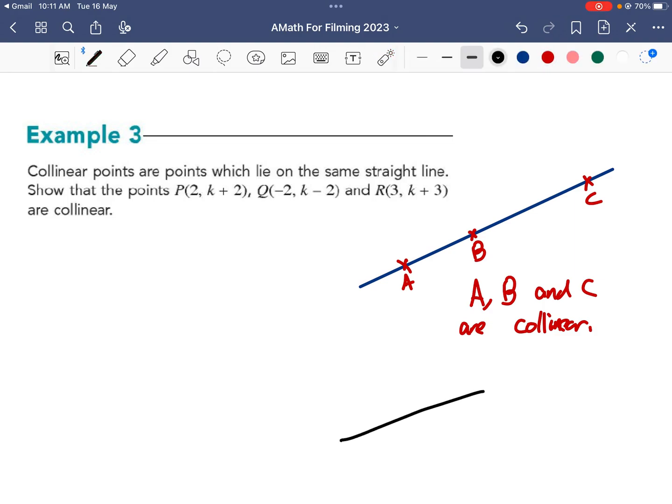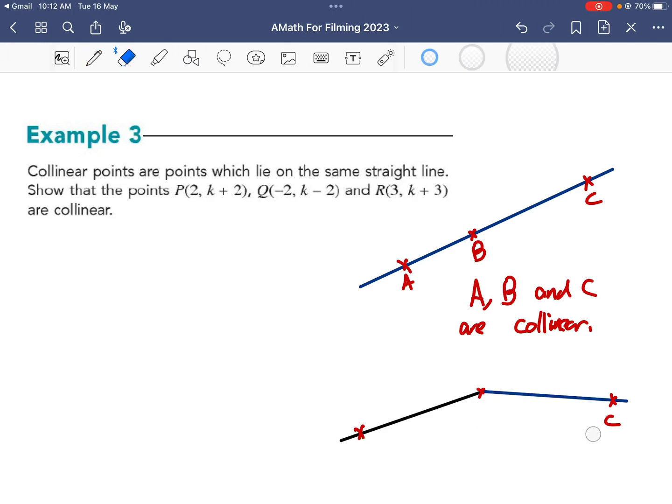So for example, let me exaggerate this. If I have a line like this, then I have another line joined like this. So there's a kink to it. So here is A, here is B, then C is somewhere off. Notice that A, B, and C will not be in the same straight line. They are not collinear in this case.